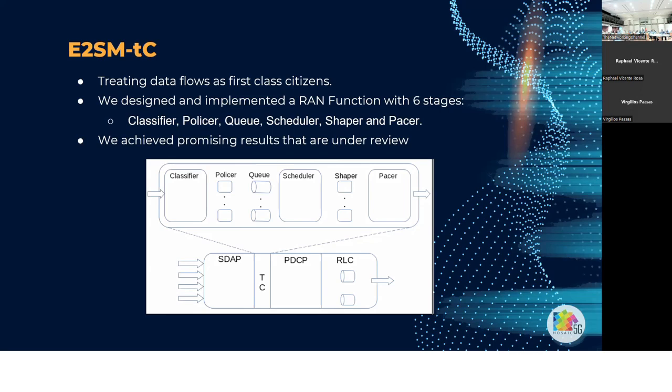This is the service model we implemented ourselves. Today, what is standardized is RAN control, RC, which is more related to the slicing that we had before. They have KPM, key performance monitoring, and a network interface, but they have not defined proper traffic control.